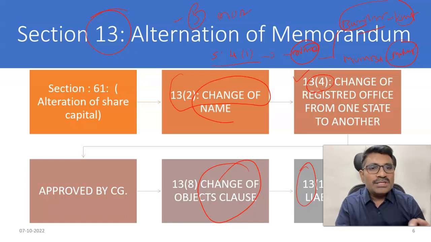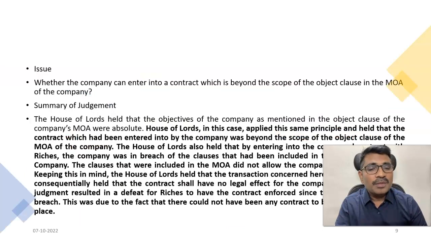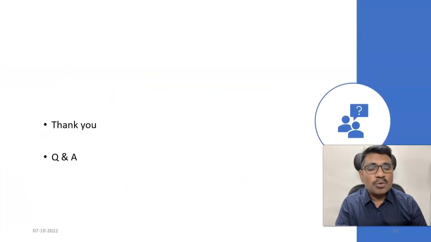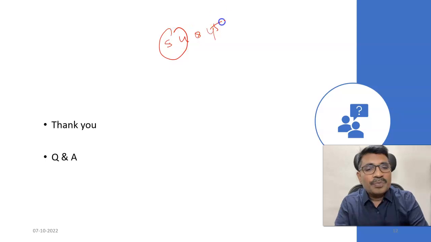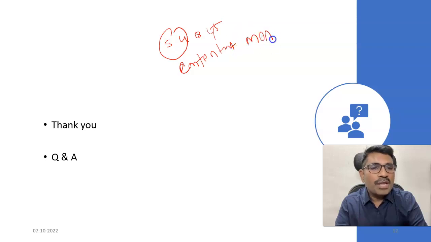So the point, in a very brief way, is that the amendment provisions are given under the company law. Section 4 and 5 talk about the contents of MOA. Section 4 talks about the contents of MOA. Section 13 talks about the alterations.